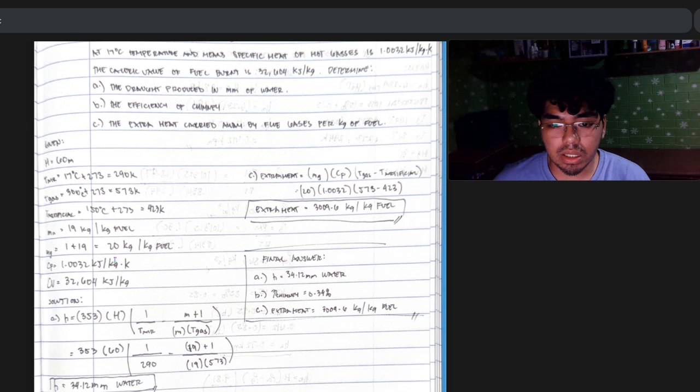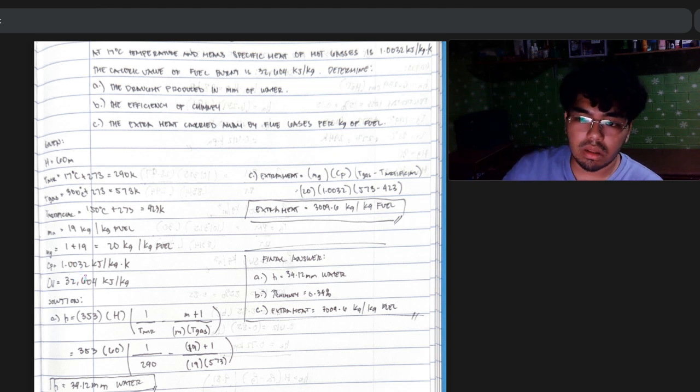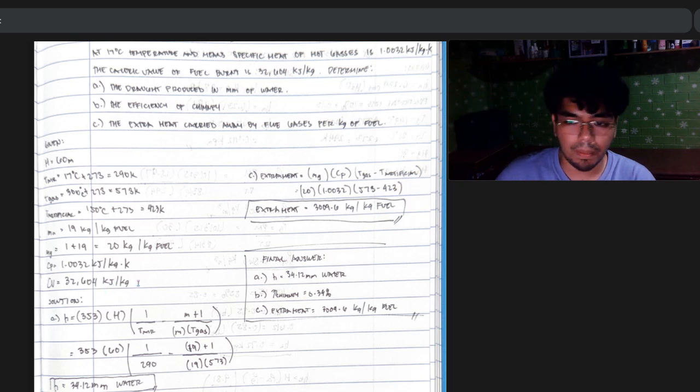So 1 plus 19, so we have 20 kilogram per kilogram fuel. The specific heat is 1.0032 kilojoules per kilogram Kelvin. The caloric value is 32,604 kilojoules per kilogram.